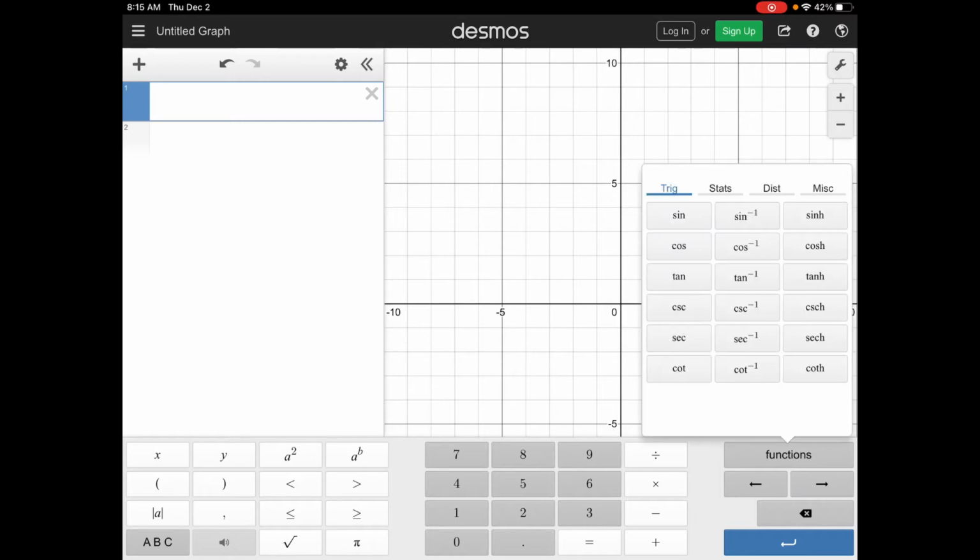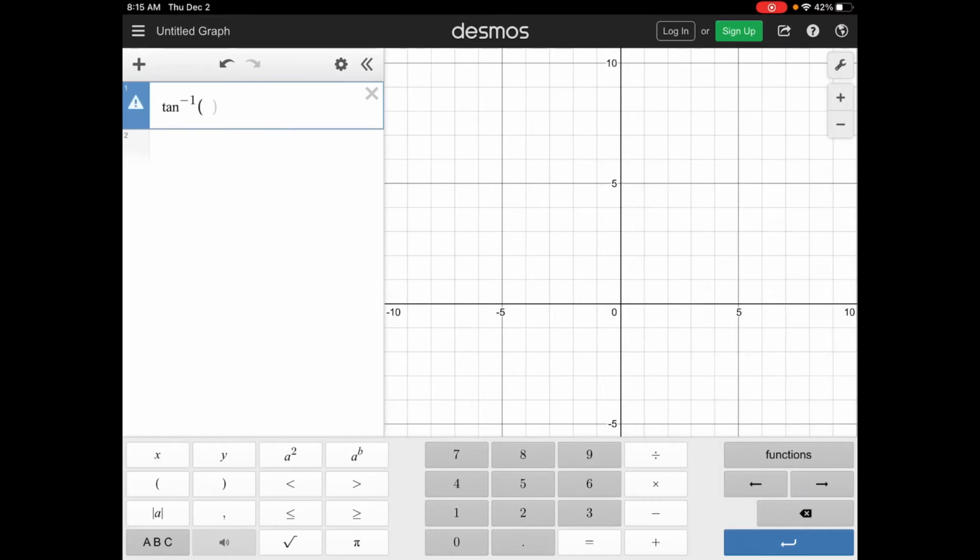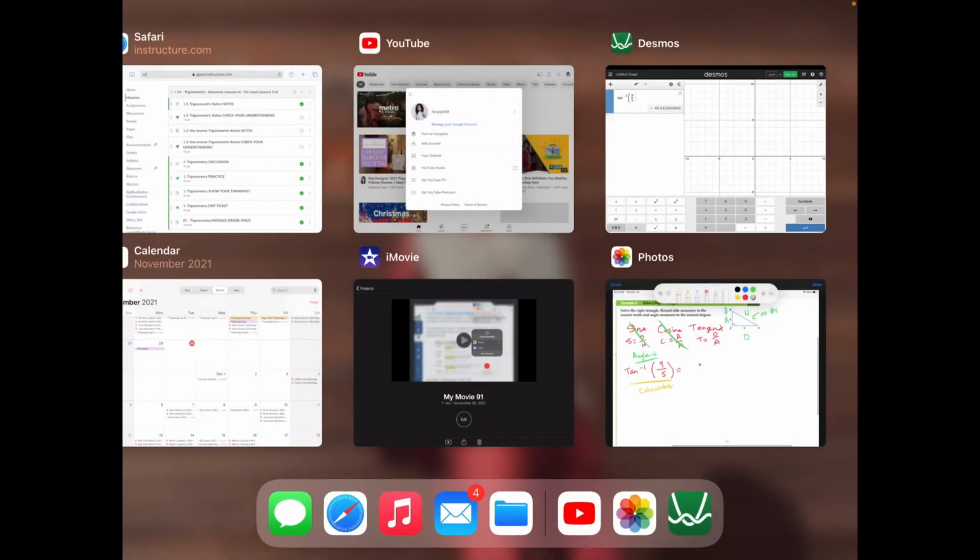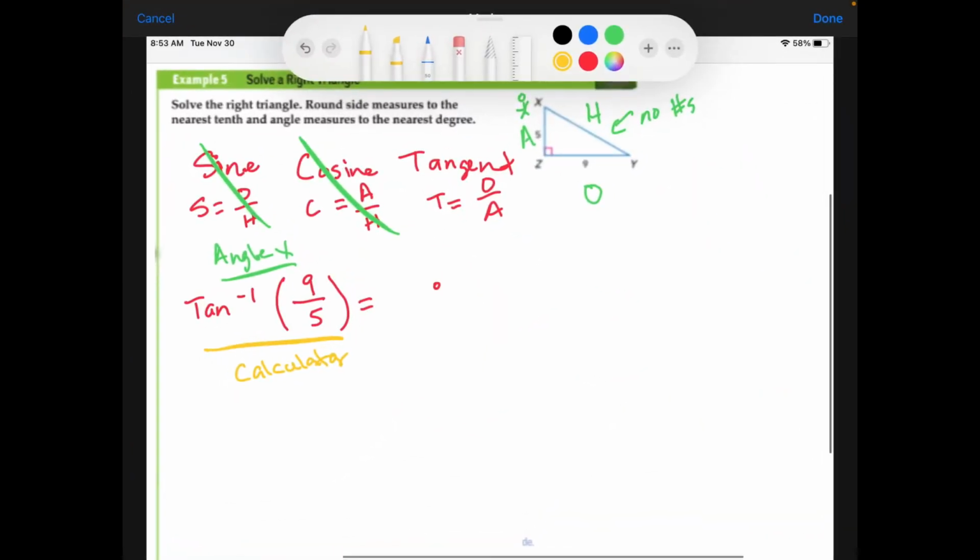Then I click on functions, and I'm using tangent inverse. We're going to put 9 over 5, and my angle is 60.9. They want the angle measures to the nearest degree, so if I round it up, I'm going to get 61 degrees. So that's my angle x.